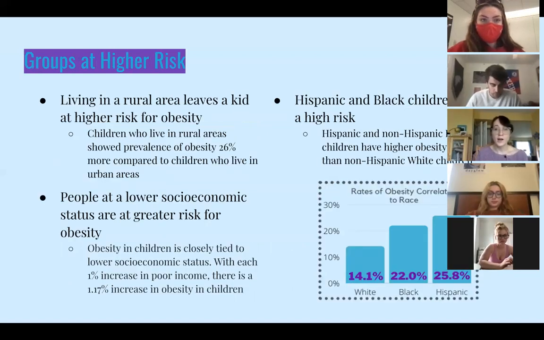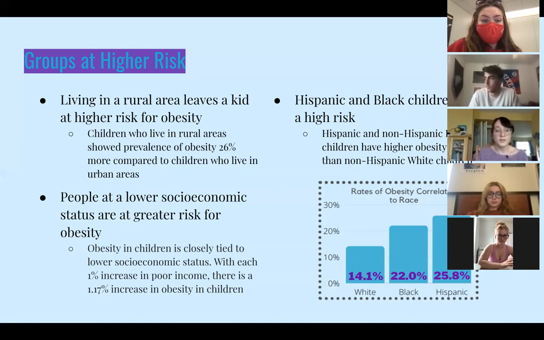Some groups at higher risk include children living in rural areas. Children who live in rural areas show 26% more obesity rates compared to children in urban areas. Another group at risk is people in lower socioeconomic statuses.